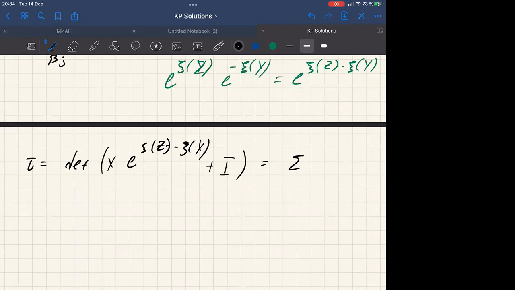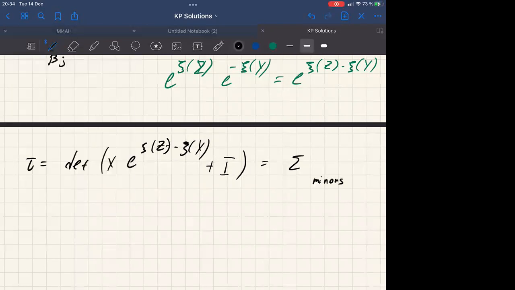sum of principal minors. Principal minors, yes, yes.